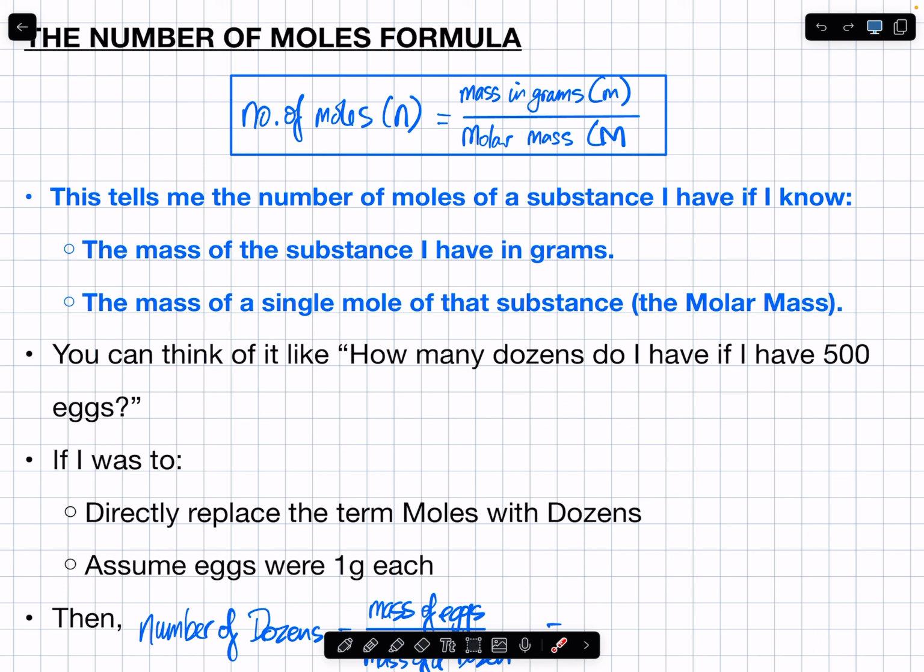Can someone remind me what you did last week to work out the molar mass of a chemical? You did it for sodium chloride. Where did you look for that? Underneath the periodic table. So someone in the past decided that what's important on the periodic table is how many protons there are in the nucleus, because that decides what element it is.